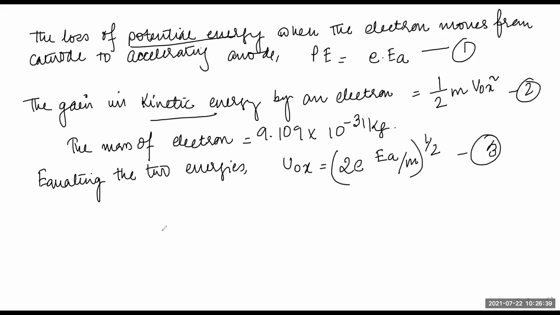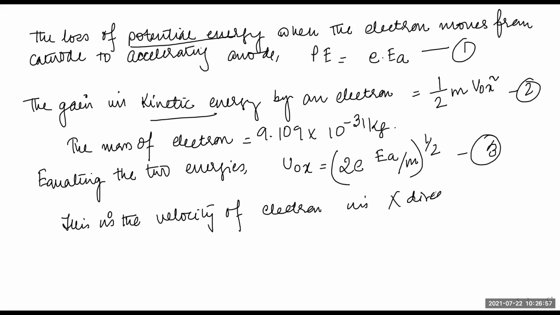This is the velocity of the electron in the x direction when it enters the deflection plate. The velocity in the x direction remains the same throughout the passage of the electron through the deflecting plate.